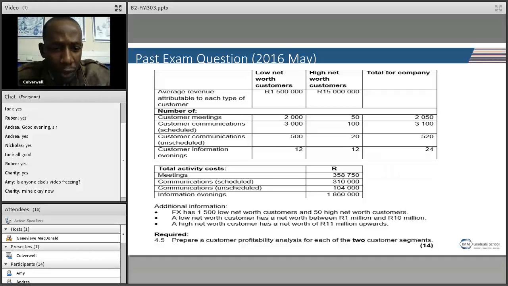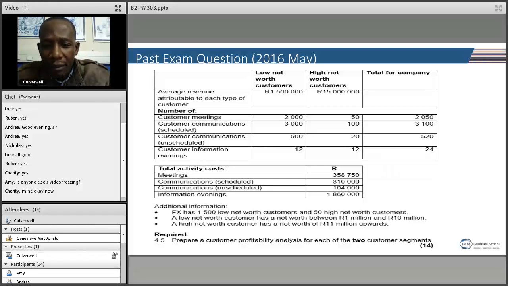Then they went on to give us the total activity cost, meaning the entire company cost we incurred in servicing these clients. The first one, we've got meetings. It cost the entire company 358,750 to conduct meetings. Communication that was scheduled cost us 310,000.